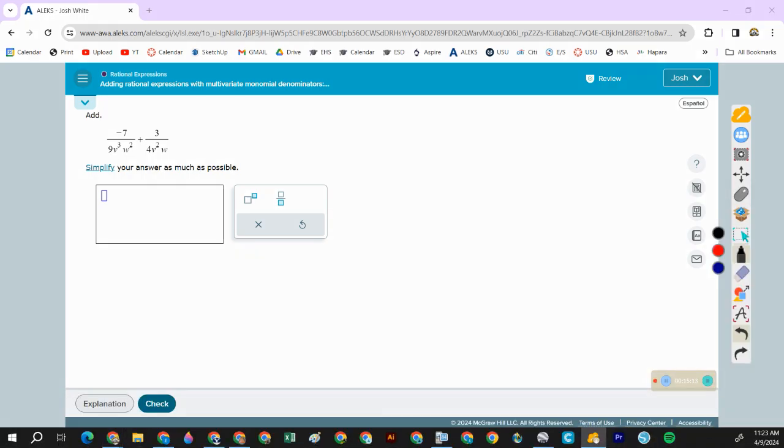So my common denominator needs to be 2 times 2 times 3 times 3. Maybe I should write this out for you. 3 times 3, v, w, and 2 times 2, v, w. So my common denominator has to have a pair of 2's, a pair of 3's, 3 v's, and 2 w's.